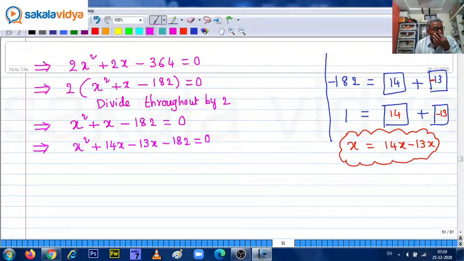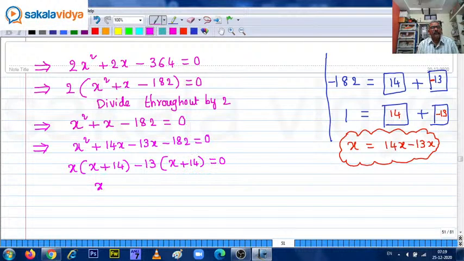Right? Take x common: x into x plus 14, minus 13 common, into x plus 14, equals 0. Again x plus 14 has been taken common out, and we have x minus 13. So we get x plus 14 equals 0 or x minus 13 equals 0.